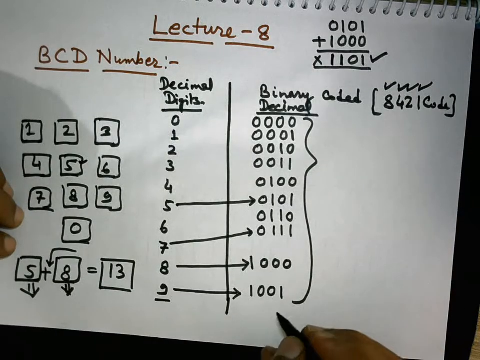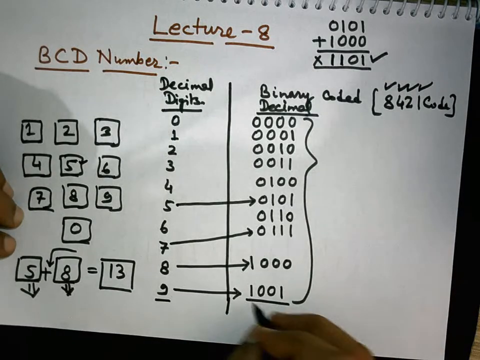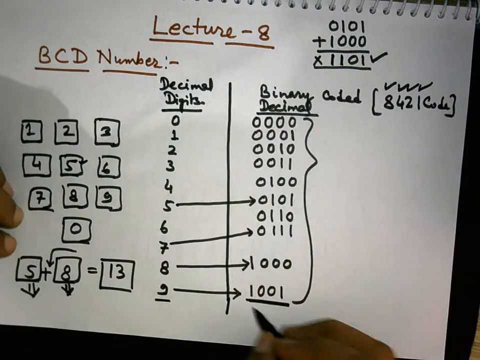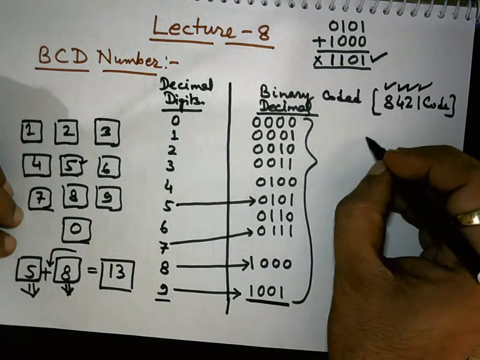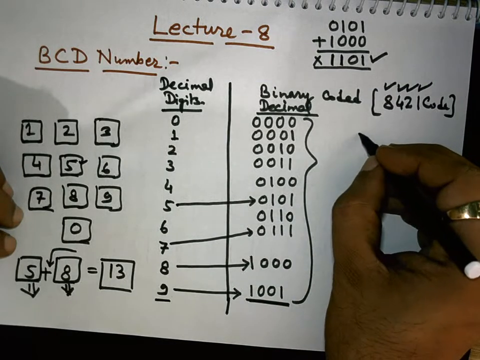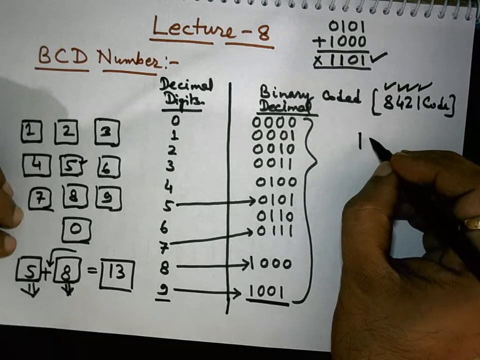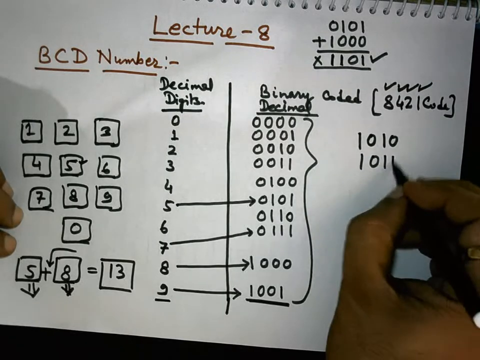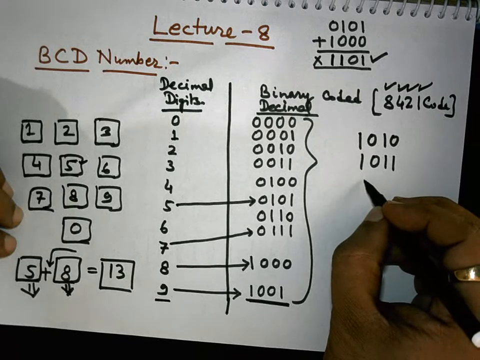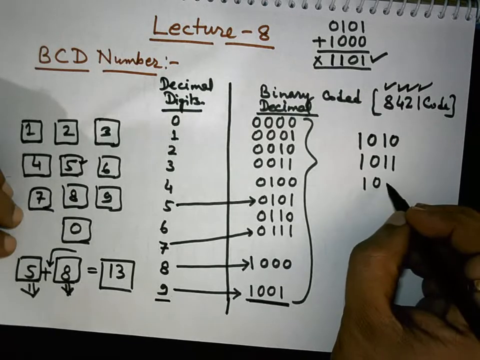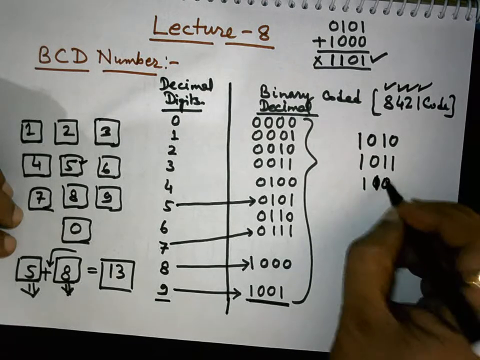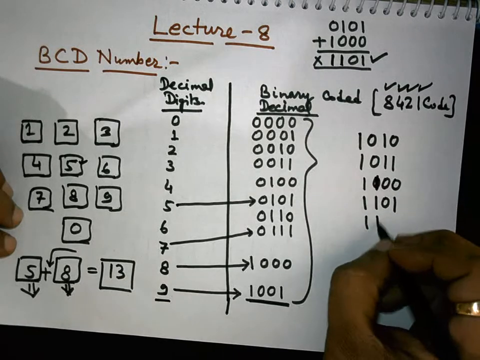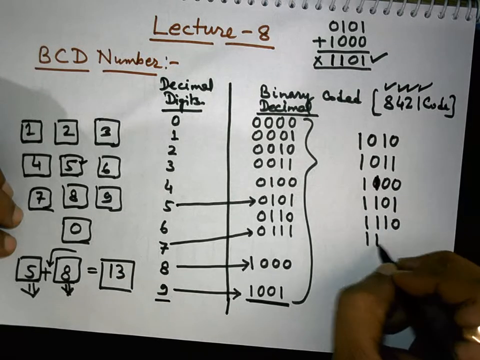Since it is a 4-bit code, anything after this value will come in the invalid range. This means 1010, 1011, 1100, 1101, 1110 and 1111.